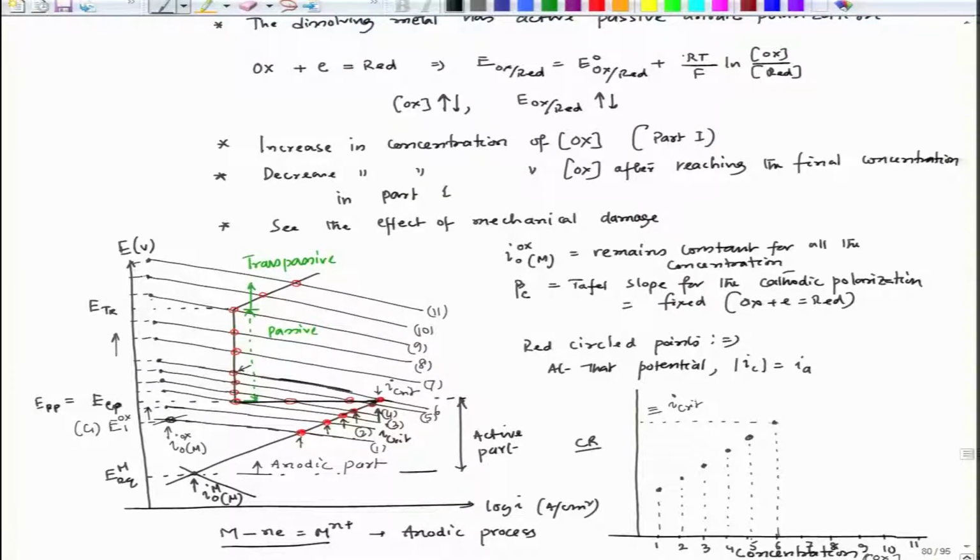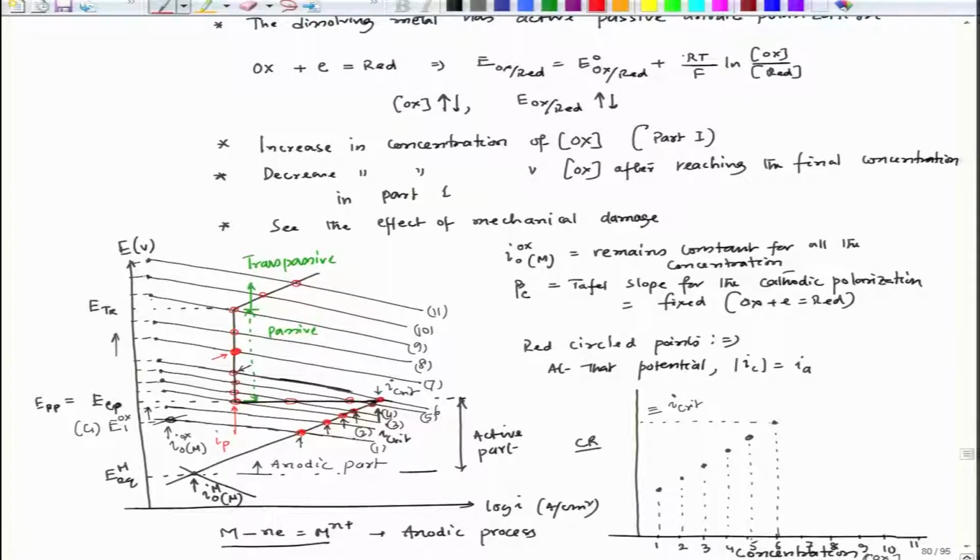Okay, fine. Now, once we cross 6 and go to 7, I could see that the mixed potential is located at this particular location. Now the corrosion rate suddenly drops, and this corresponds to I passive, IP.